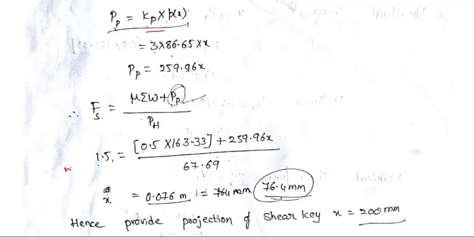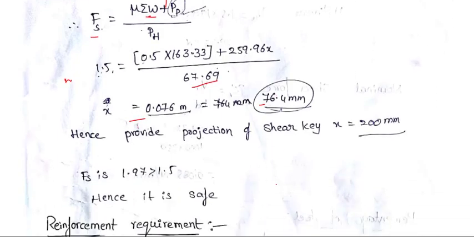These are all formulas. So here Fs we know is 1.5. Substitute all these values. Summation of W from the first tabular column, you will get this summation of W. Next Pp is equal to 259.96 and PH is equal to 67.69. So from that we will get X is equal to 76.4 mm. So to resist this sliding, we have to provide 76.4 mm.